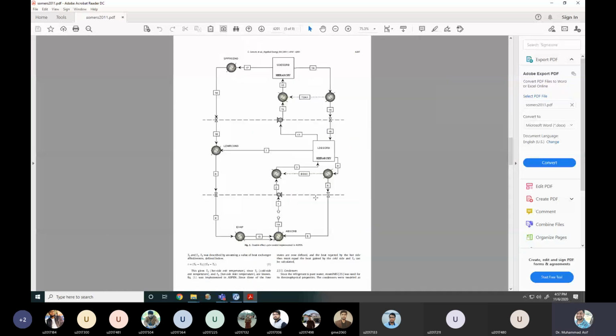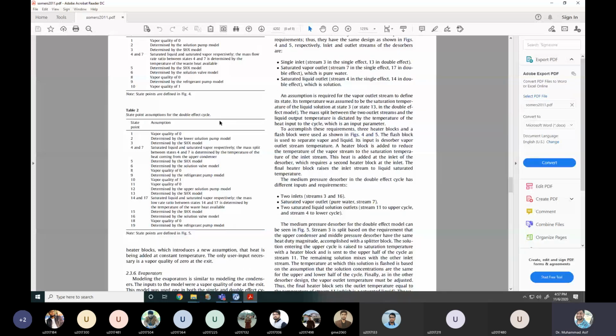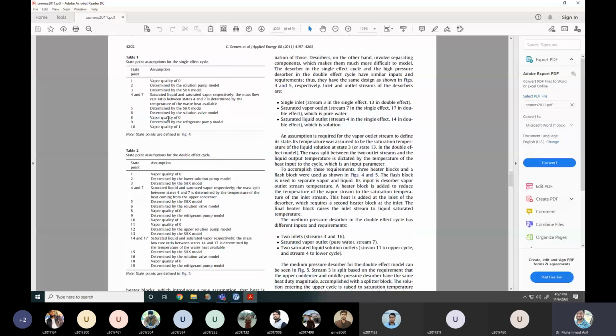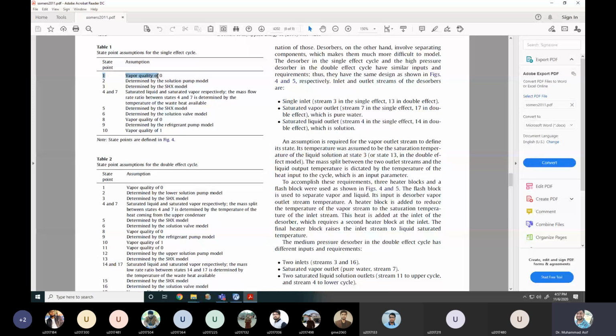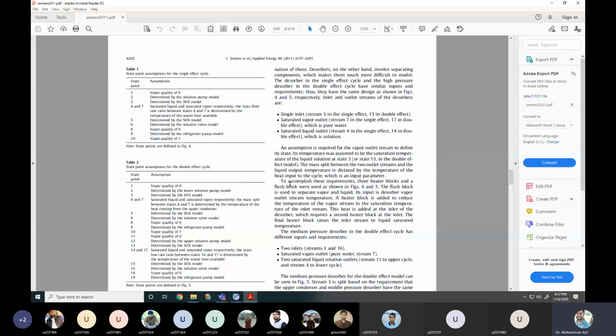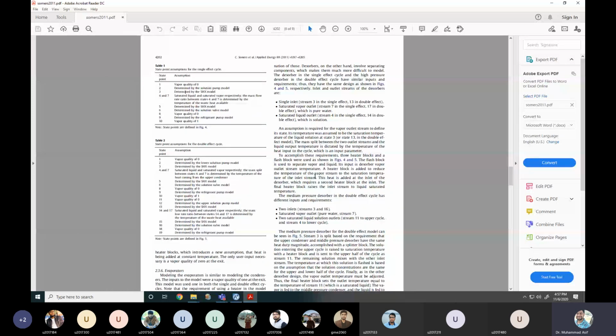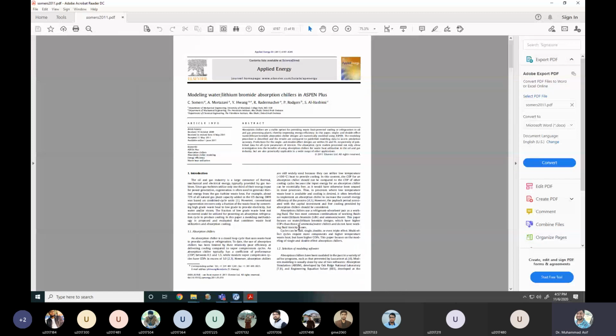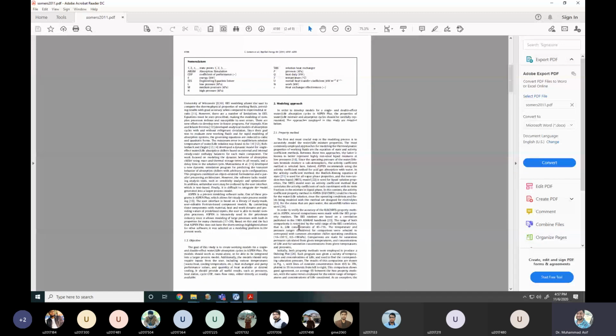They have also mentioned the properties, for example at state one, the vapor quality they used. They have also mentioned the different properties as well. If you read that, it can give you certain properties.